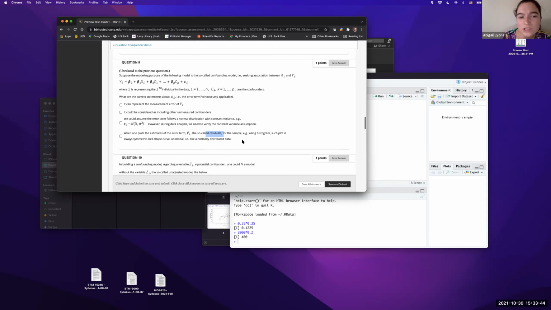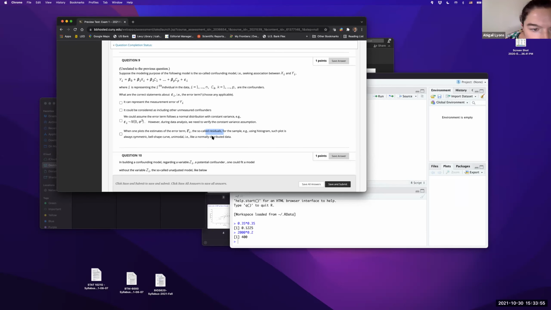And why did it switch to e hat when before it didn't have the hat? Because it's the prediction, it's the predicted error. And the one above it didn't have the hat. Should it have had the hat? No, this one not. This is not the predicted error. So the error is what is normally distributed, right?